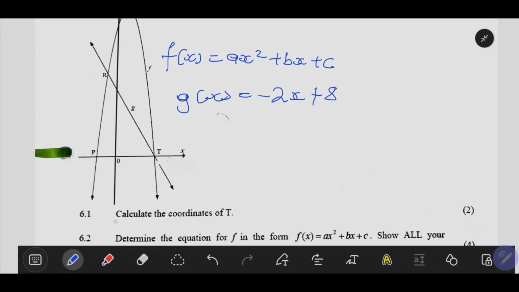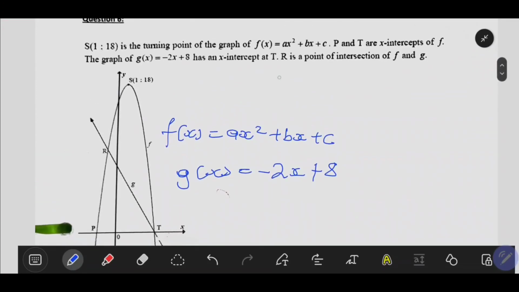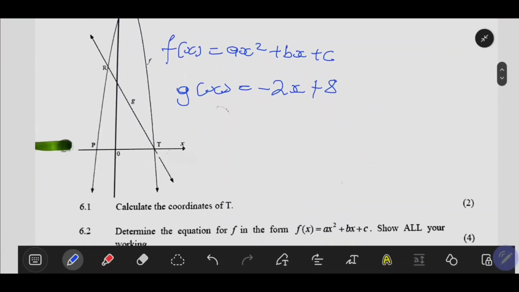So the first question says calculate the coordinates of T. So they said to us T, the graph of g(x) given by this equation has an x-intercept of T. So they want the coordinates of T, which is the x-intercept of this graph of g.